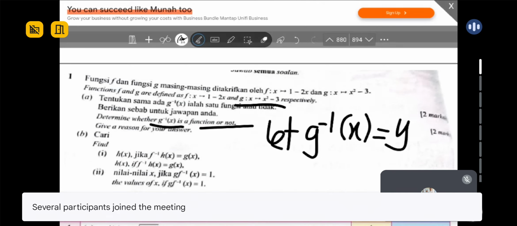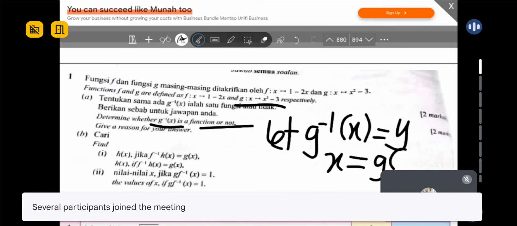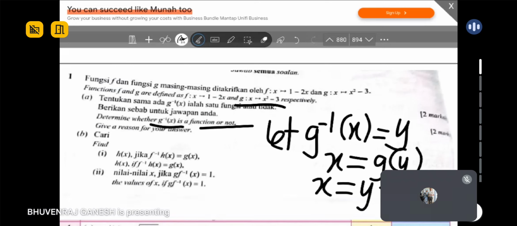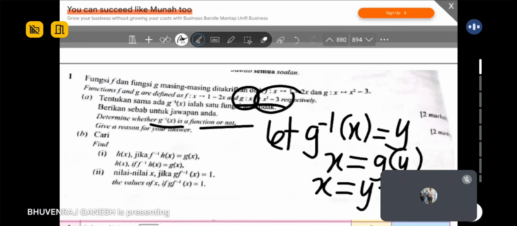I usually use this method when talking about inverse function. When you do this assumption, you will get x equal to g(y). So x is equal to y square minus 3, because g(x) is equal to x square minus 3. So g(y) is equal to y square minus 3.